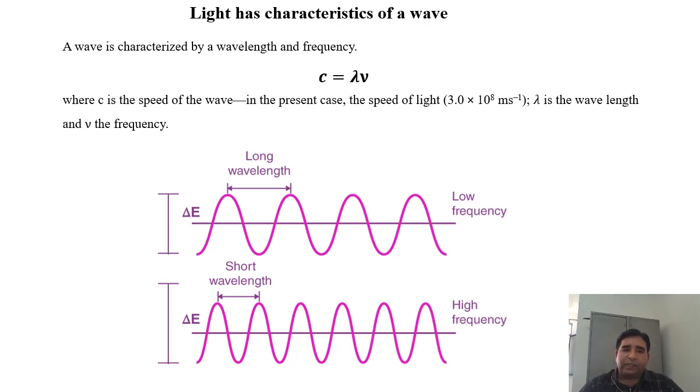In this picture, you can see the upper wave has longer wavelength but low frequency, and the lower wave has short wavelength and high frequency. And the formula c = λν tells us the relation between the speed of the wave, and the energy of the wave, between their wavelength and frequency.